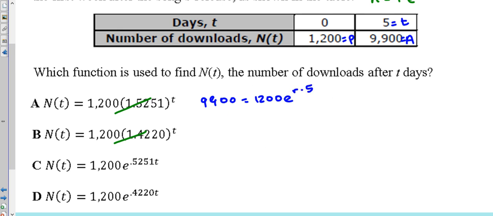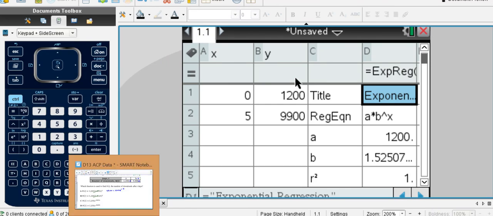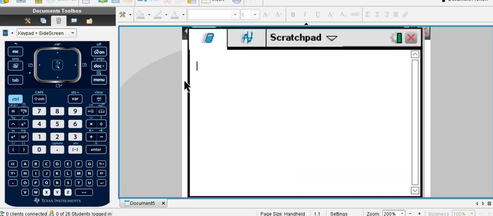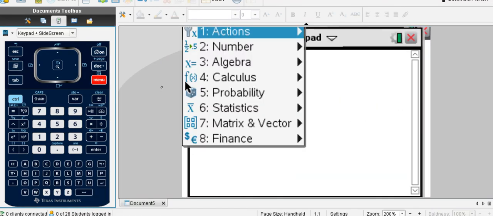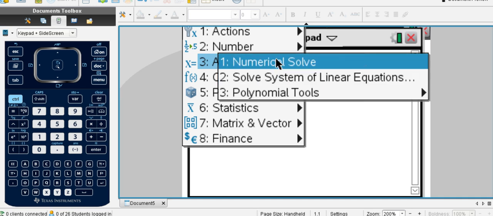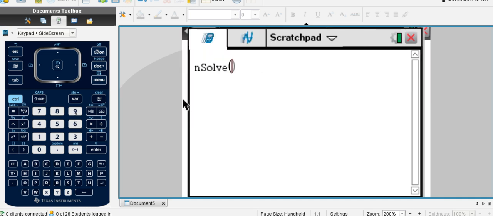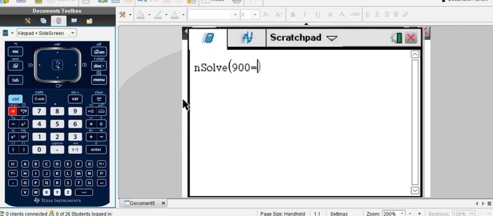Now we could solve this in the calculator. I'll just walk you through how you would do that. You would come over here, type in menu 3.1, menu algebra numerical solve, and you would just walk through the problem. 9900 equals 1200 e to the power of r times 5.